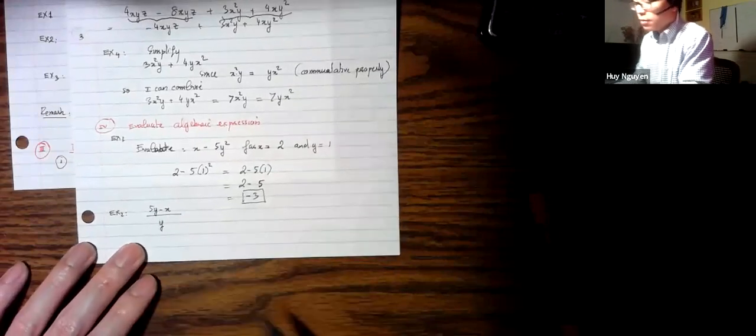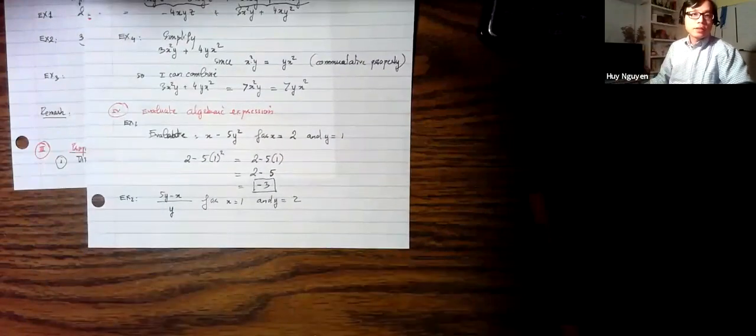That's fine as long as it's algebraic. How about like this? What if I have 5y minus x over y for x equal 1 and y equal 2.